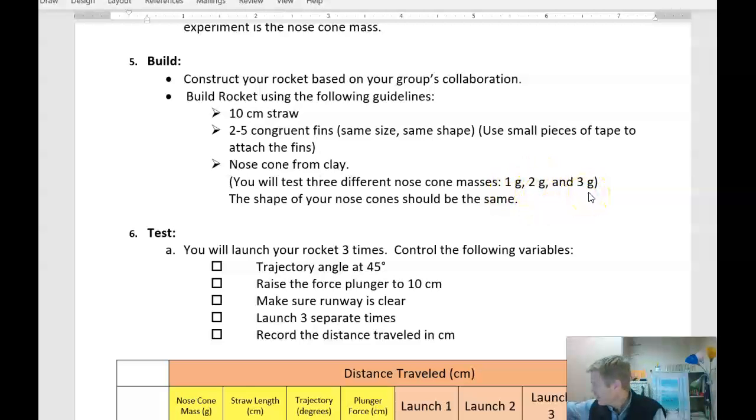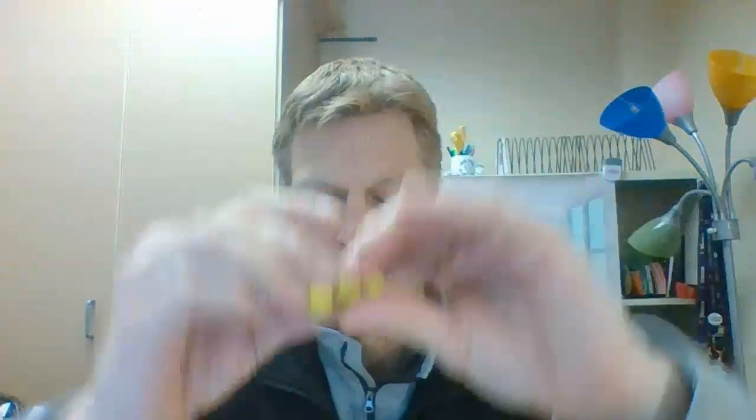I already have these weighed out. I have the 3 different masses, and you can get a visual here. Let me show you for a quick second. I don't know if I can show you well enough, but these are the 3 sizes. It doesn't look like a lot of difference, but there are some differences in the sizes. 1 gram is not a heavy difference, but it does make a difference when we're talking about a 10 centimeter rocket.